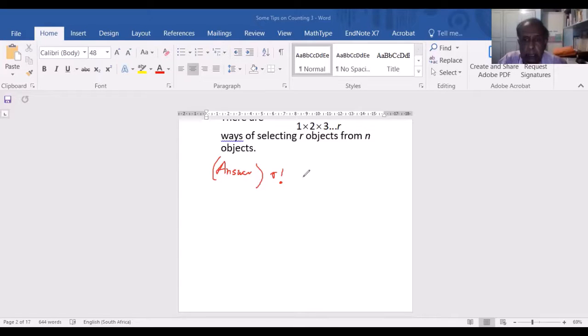When you multiply all these, you get n factorial over n minus r factorial. But we saw that this is really r terms. You have to choose r from n. The first one can be chosen in n ways. The next one can be chosen in n minus 1 ways, and so on. You stop as soon as you have chosen your r objects. So this part here is really n times n minus 1 times n minus 2, all the way like that, to r factors.